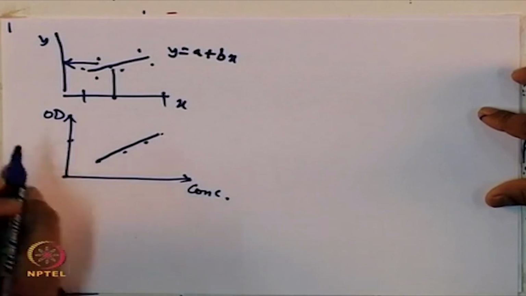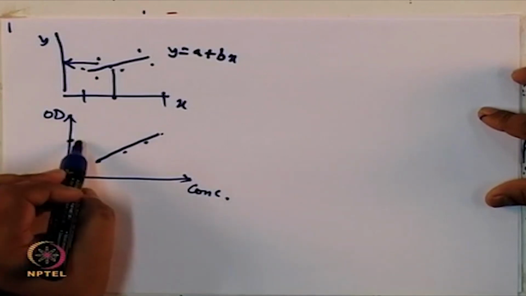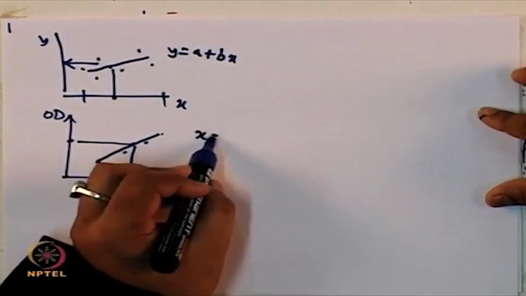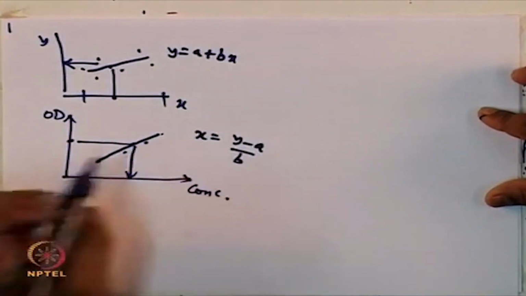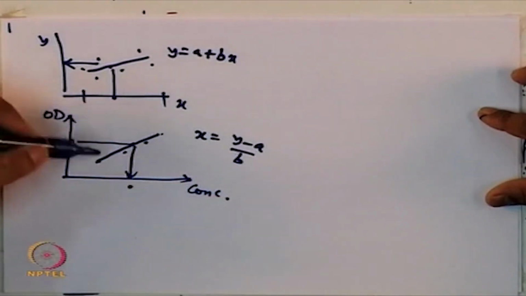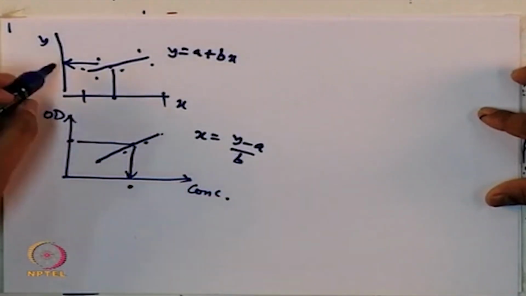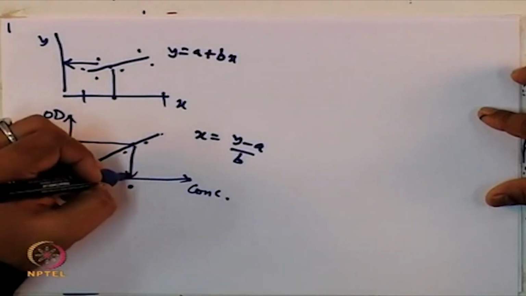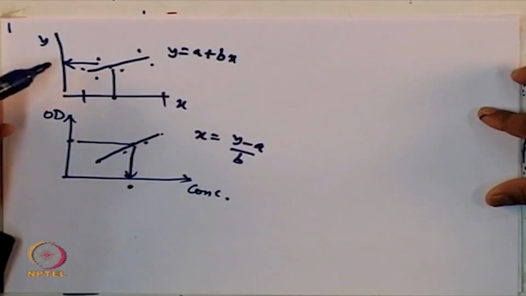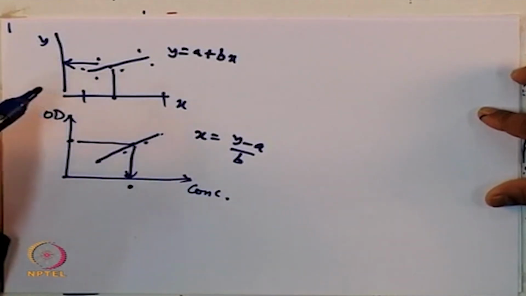For a given sample you find its OD value and then invert this equation in the form x is equal to (y minus a) by b to determine the protein concentration. So this shows how you can make use of interpolation both to find the value of y or the value of x, depending on whether you know the x or the y value for one particular measurement.